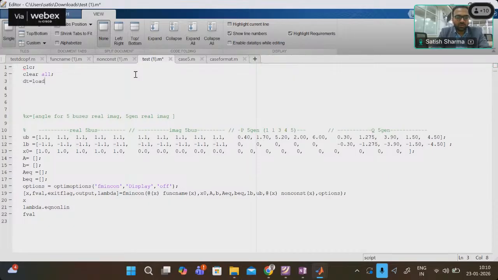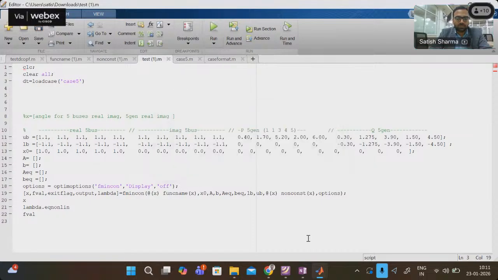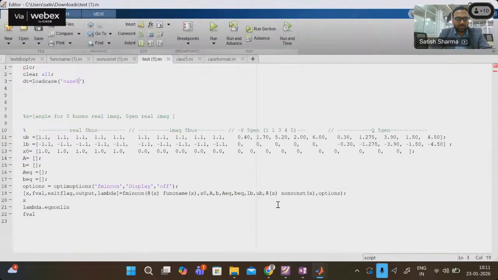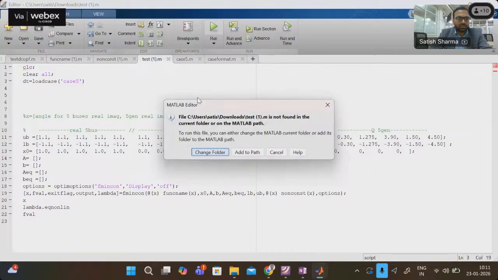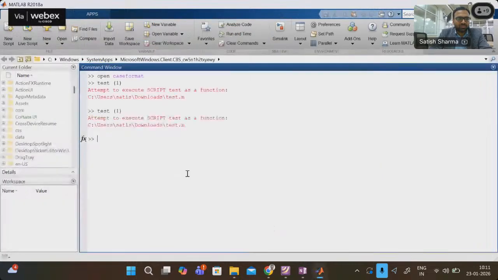So data equals load case 5. If I do this, why is there an issue? Attempt to execute script test as a function.